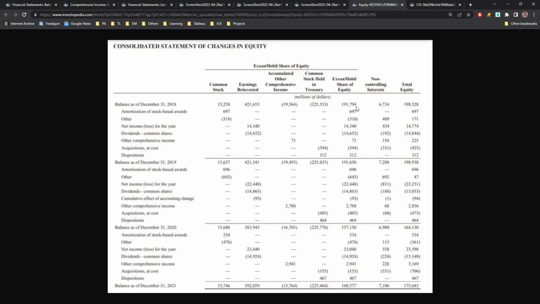And there is another element called non-controlling interests. Controlling and non-controlling is defined by the amount of ownership that the entity which holds those shares has.